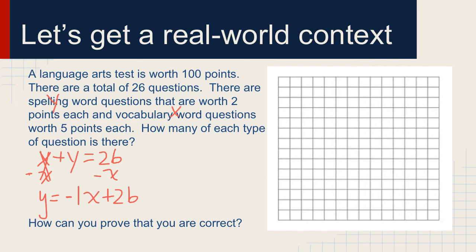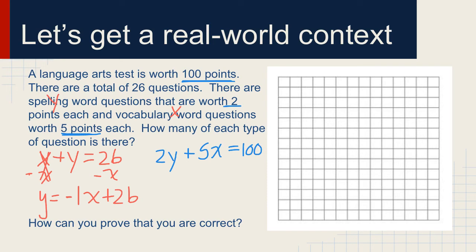Okay, on the other one, it says that there are 2-point questions and there are 5-point questions, and I need 100 points altogether. So spelling words are 2 points each, and vocabulary words are 5 points each, and I need 100 points.